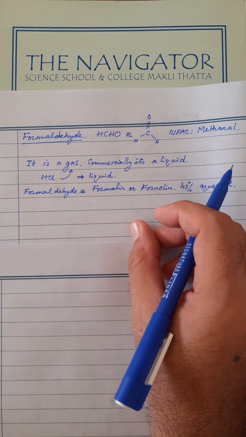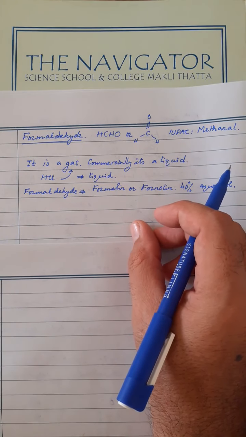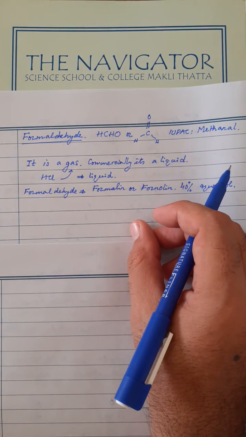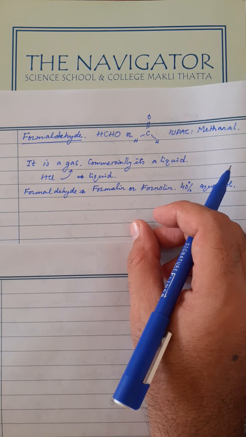use of formalin or fornolene is to preserve biological specimen. If you have heard about the mummies, how people used to preserve human skin once the people were dead, they used to soak them in formalin.